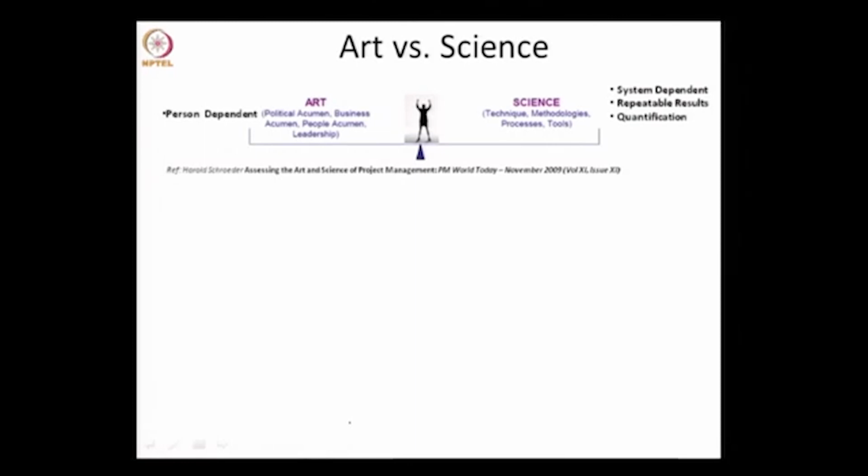So repeatability is one of the pillars of science, and quantification, you want mathematics. Another way of looking at science is if I can quantify and express it in numerical form, then I am being more in a science perspective, not necessarily mathematical, but it is one of the pillars.